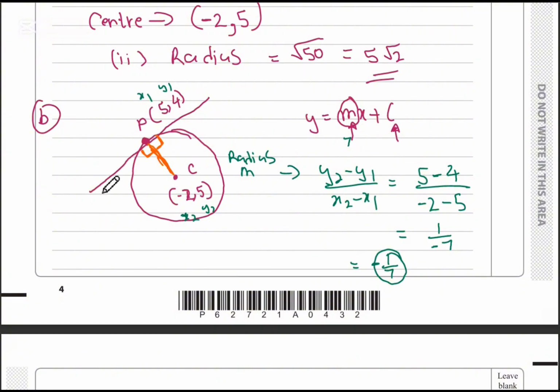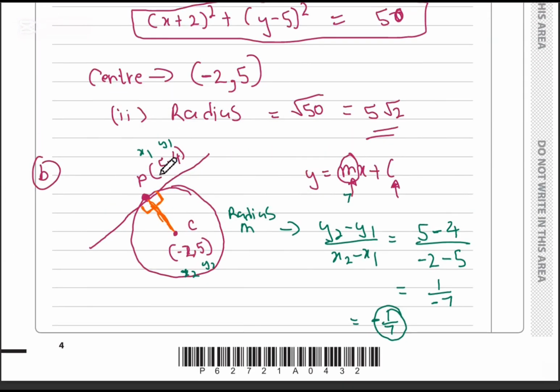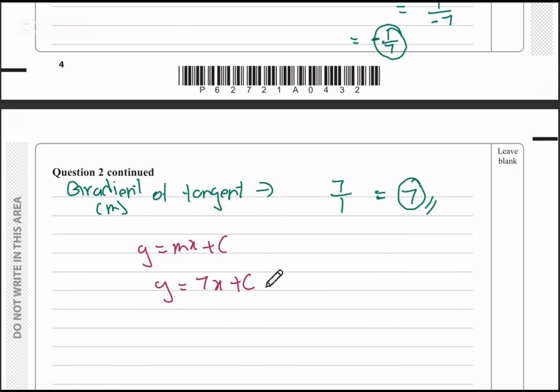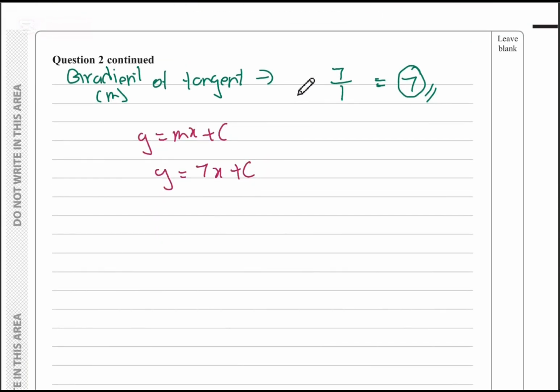We clearly know our tangent passes through this point P, right? So I substitute the y coordinate of P for y and the x coordinate of P for x: instead of y, I put 4, and instead of x, I put 5.